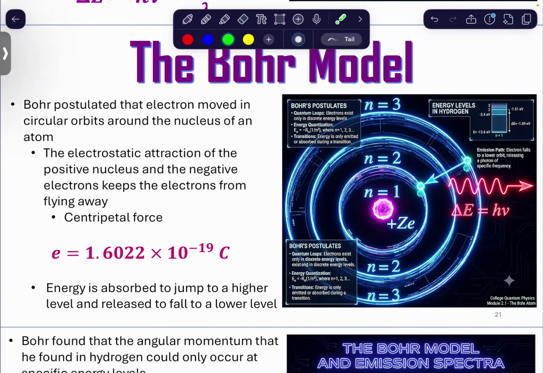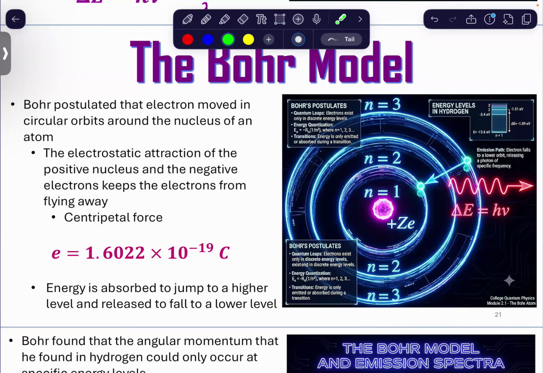Imagine you have an electron at a higher energy level, and it falls from your n equals 3 energy level down to your n equals 1 energy level. When it goes from high energy to low energy, it's going to emit a photon, which kicks out that photon at h times nu. Keep in mind your core here is Z times e.